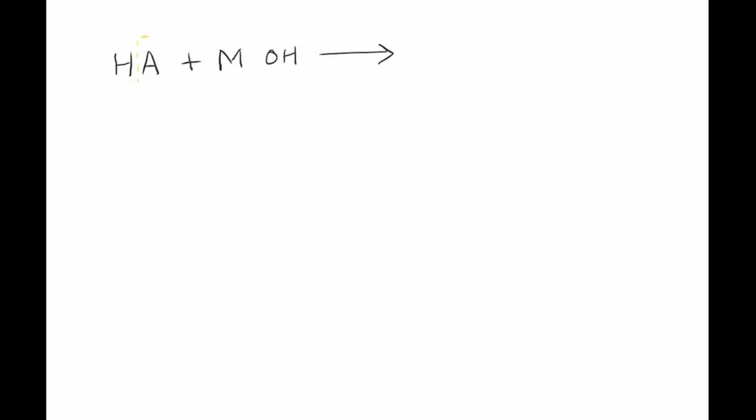I'll show you how the neutralization reaction occurs. What happens is that A and M get together and form MA. Whatever we are left with is hydrogen and OH.